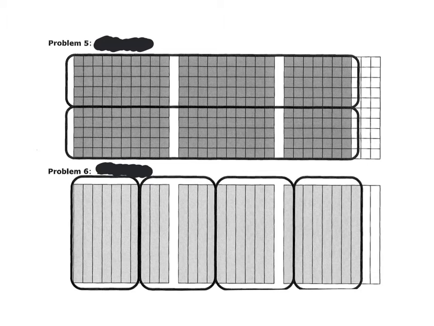All right, boys and girls, on this video, we're going to look at dividing decimals using area models. You're going to see a lot of similarities between multiplying decimals and dividing decimals. When you work on these, especially with the models, you're really thinking about what's called the inverse operation.